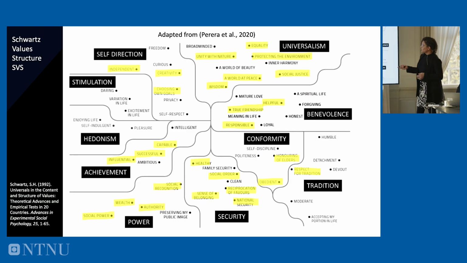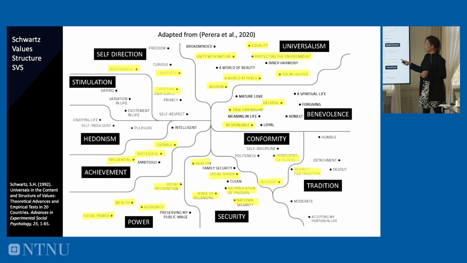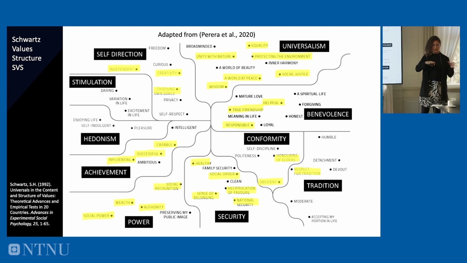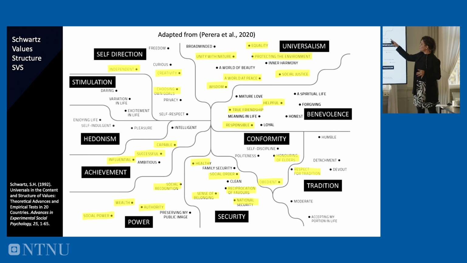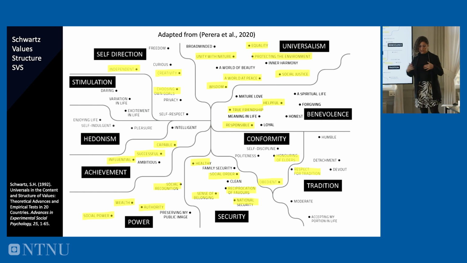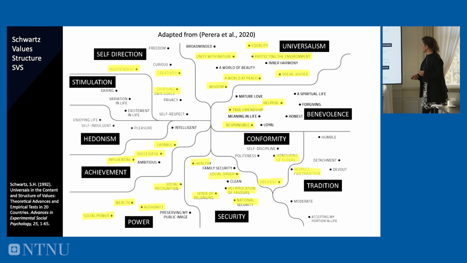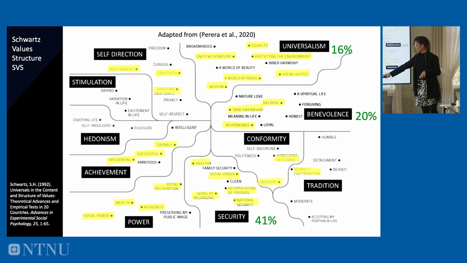I just highlighted in yellow which ones from the results of that paper are covered by us, the researchers. I selected 3 of the values, and we do have a high number of papers that cover the security human value.